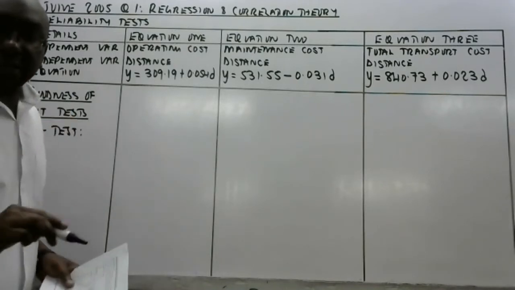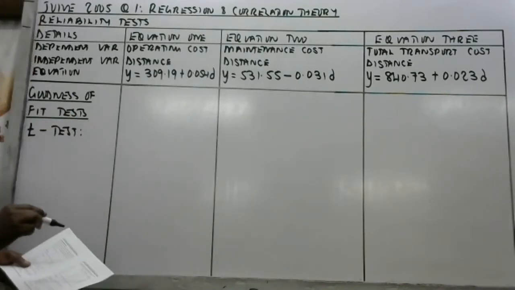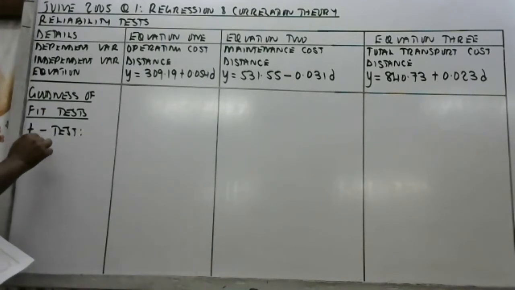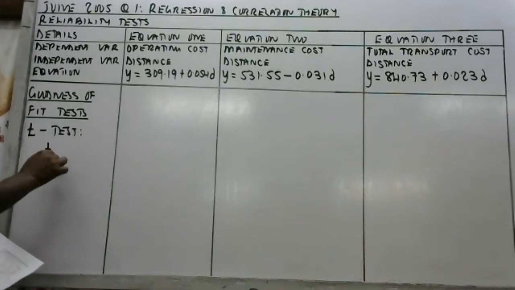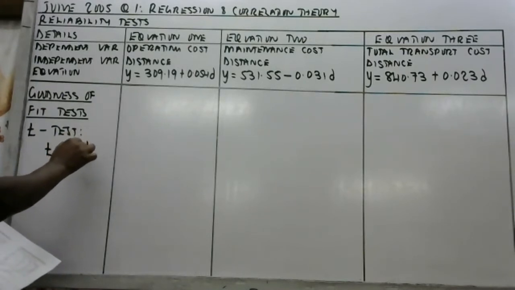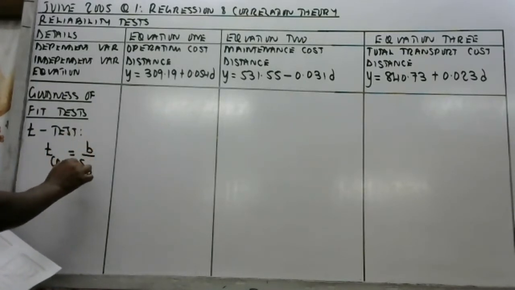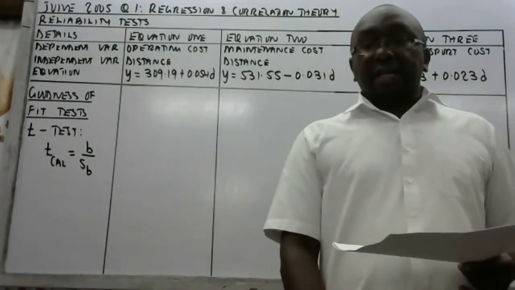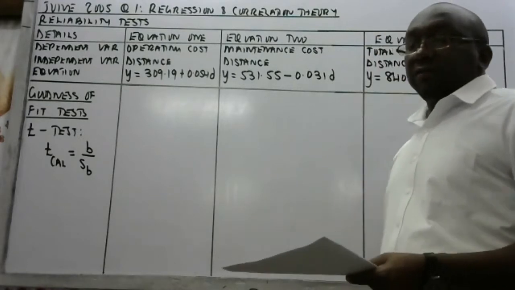Now, the t-test tests the significance of the relationship, and there are 2 things that you need. One is t calculated, and t calculated is given as B out of SB.